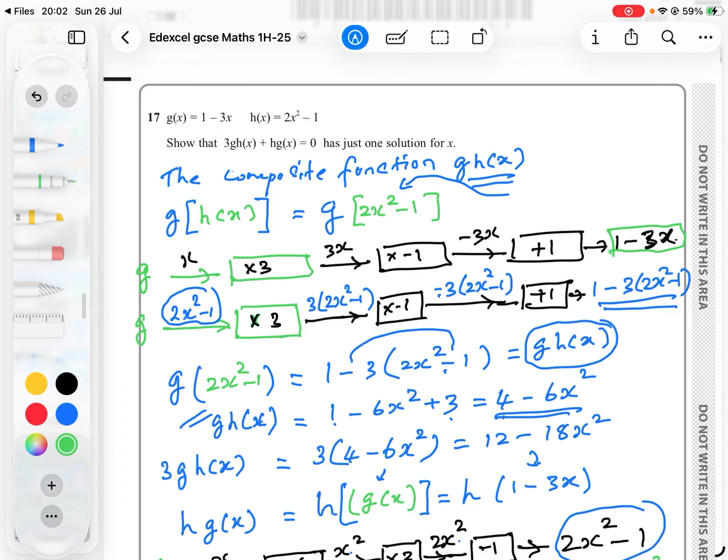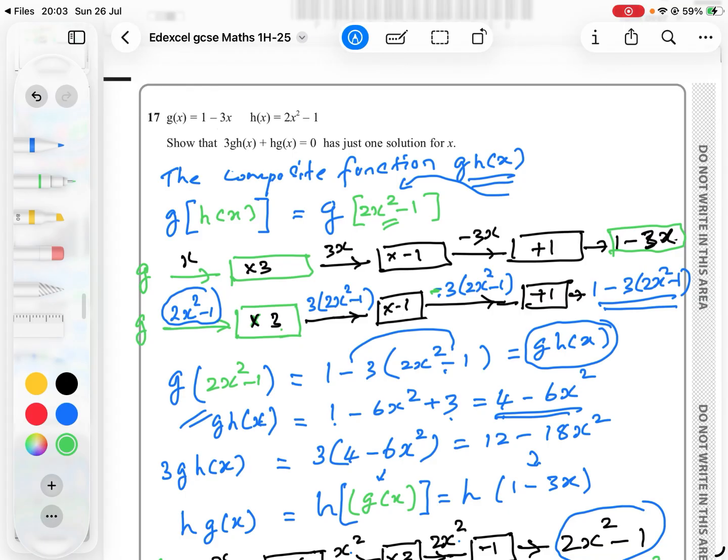So now here, instead of x, you are sending 2x squared minus 1 into the machine. So that means 3 times bracket 2x squared minus 1, then times by minus 1, so that means minus 3 times 2x squared minus 1.